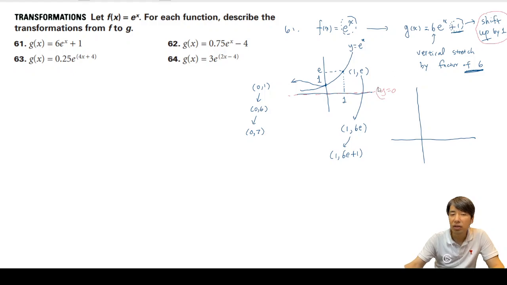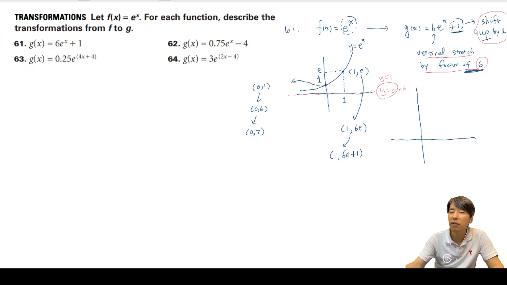So this becomes what? Y equals 1 in the new graph. So what this means is that if you, okay, vertical stretch by a factor of 6 means you have to multiply 6 to y. But in this case, y is 0. So when you multiply 6 to 0, you still get 0. Okay?